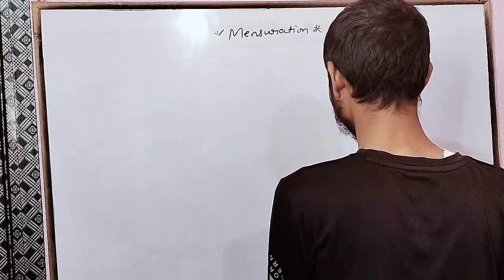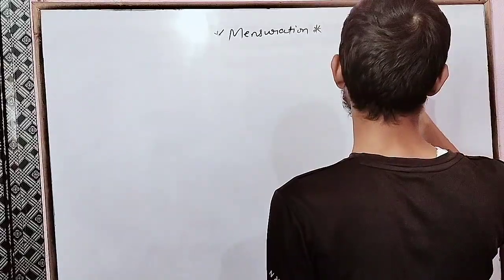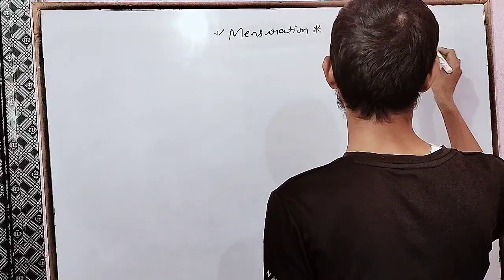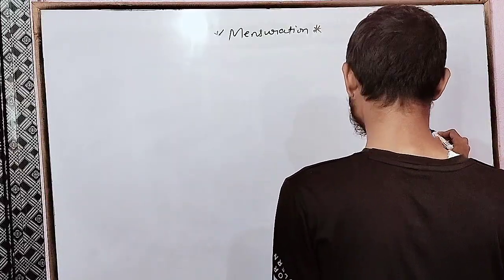Let's say we have a polygon which is a hexagon, 1, 2, 3, 4, 5, 6.